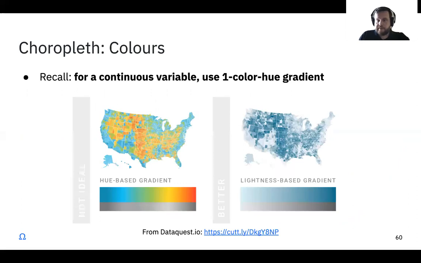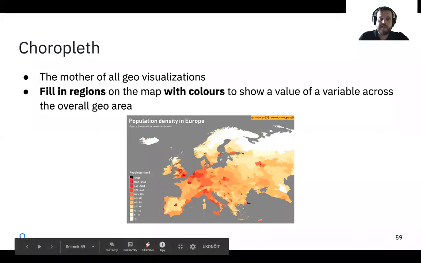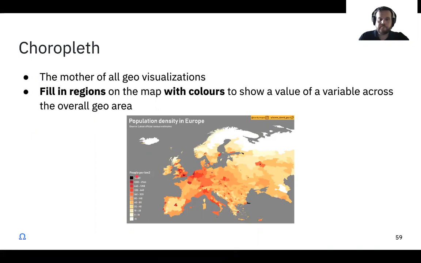We have already talked about this in the color section of lecture 3. If you're displaying a continuous variable, use one color hue gradient. So don't use a rainbow. Don't map a continuous variable to a rainbow, but rather use a lightness or luminance-based gradient. Here they have done it quite nicely, right? You see that we have this reddish, red-orangish shade.